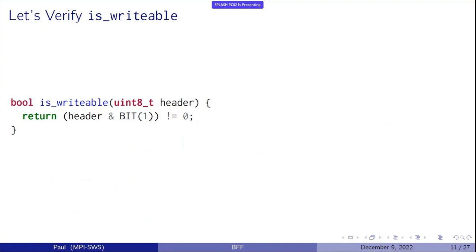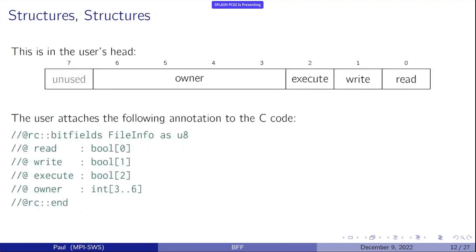We know that in doing verification, the very first step is to provide a specification. And in BFF, for bit field manipulation programs, our specification is divided into two parts. The first part is the structure, which is very important information about the usage of bit vectors.